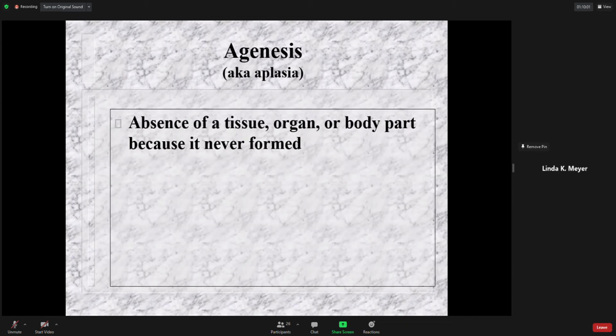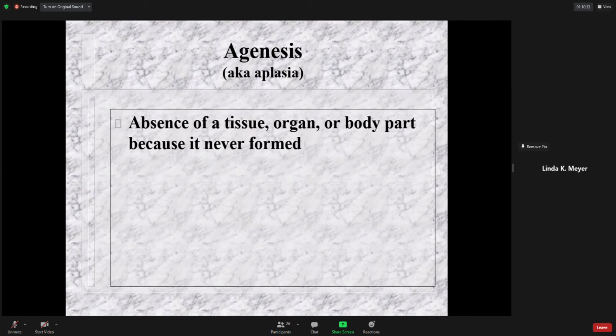Okay, when you see the root word plasia, this is going to come up in a lot of the host responses. The word plasia translates as growth or development. And we can use the term aplasia, meaning without growth, or also agenesis, meaning that something doesn't develop.